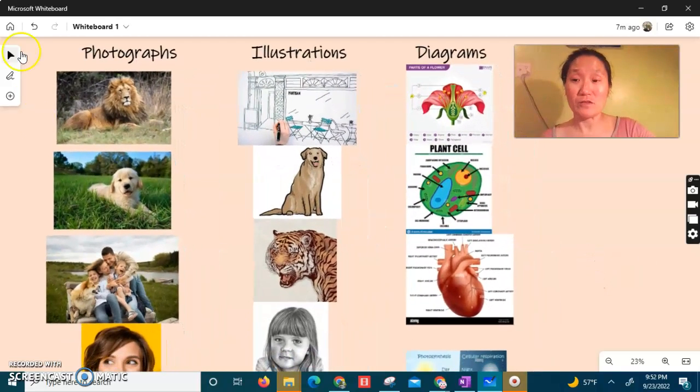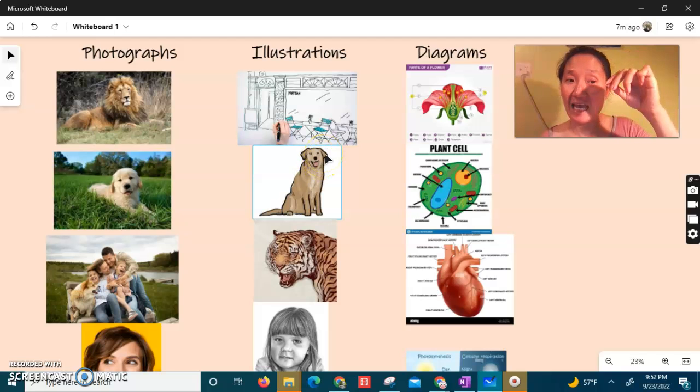Photographs, remember, are taken with a camera. Illustrations are a type of picture, but they are drawn by hand with markers, pencils, crayons, paint. A diagram could be a photograph or an illustration, but it has labels on it telling you what the pieces of the picture are. Okay, so 3 different categories of a picture.